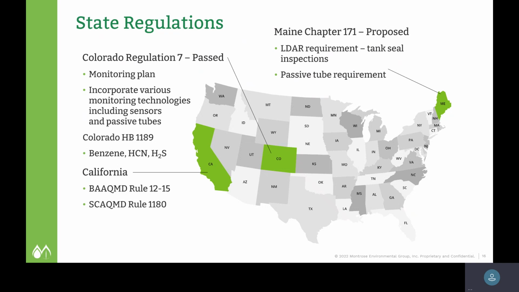Staying in Colorado, Colorado Reg 7. This is an interesting rule where it asks the facility to develop a monitoring plan to reduce emissions of their operations, so that they can incorporate various technologies. Montrose is doing a bunch of work here. Things that we are using are low-cost sensors and passive tubes in tandem with a platform similar to what was in the Molex presentation.